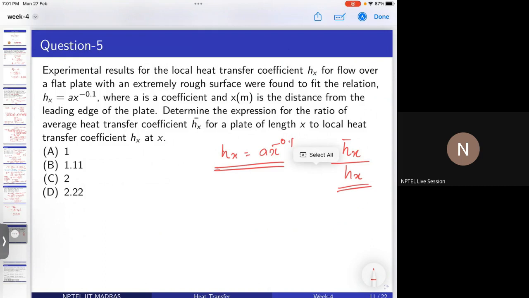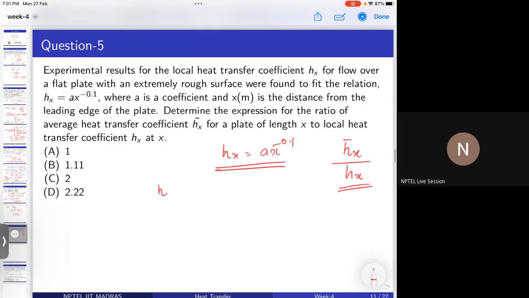So, what is the expression for the average heat transfer coefficient at any location x? Up to whatever length I am taking, I am just taking it as x. So h bar x is 1 by x, integral 0 to x of hx local dx.